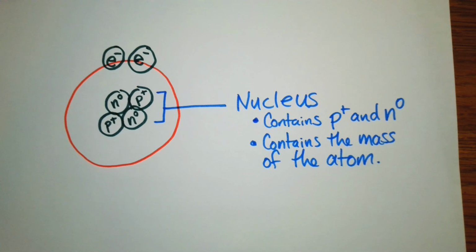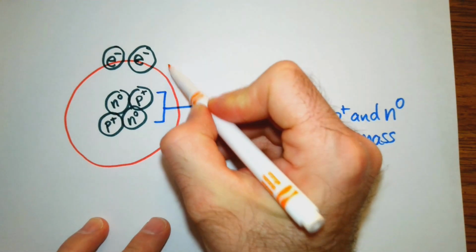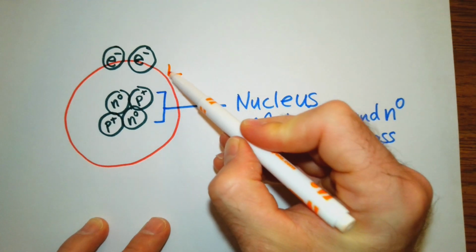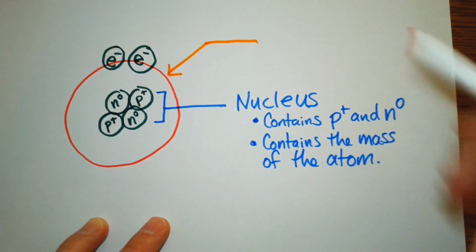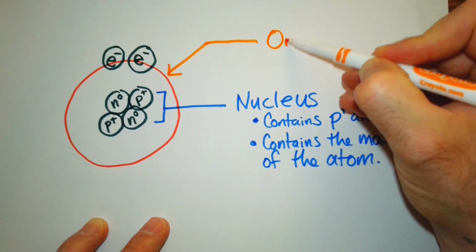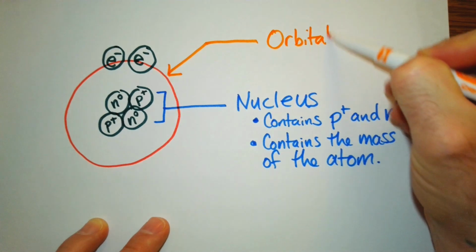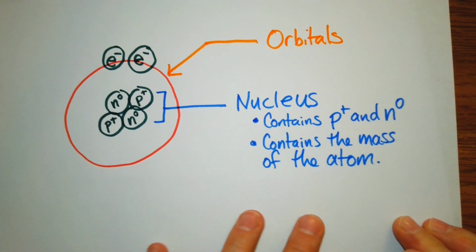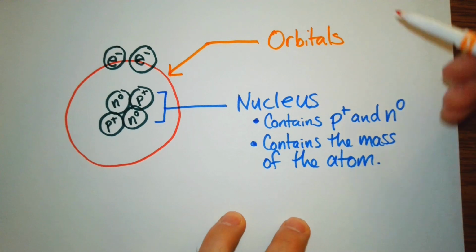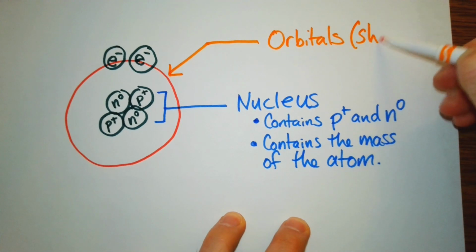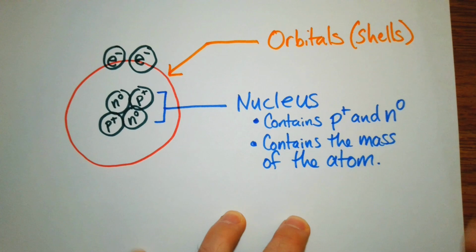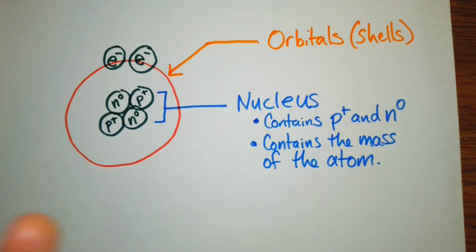All right, and then right here, I'll draw this little arrow in orange. This is the orbitals. Orbitals can also be referred to as shells. Later we'll learn about the different types of orbitals, such as s orbitals and p orbitals and d orbitals and so on and so forth.